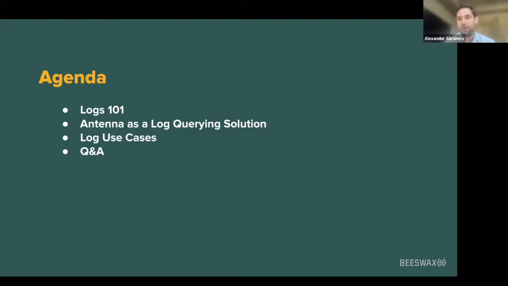Then we'll dive into some of the use cases that I consider to be pretty cool and very interesting and unique in terms of Beeswax having the ability to power them. And last but not least, we'll dive into a Q&A session where Hannah and Greg will work through the questions that you've posted in the chat.